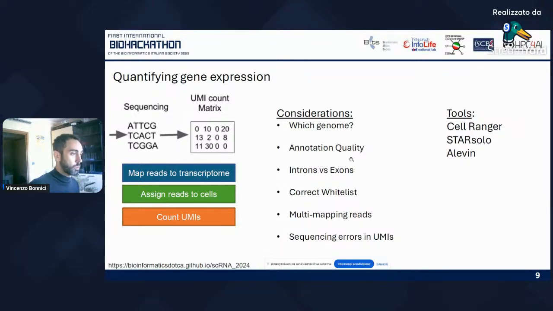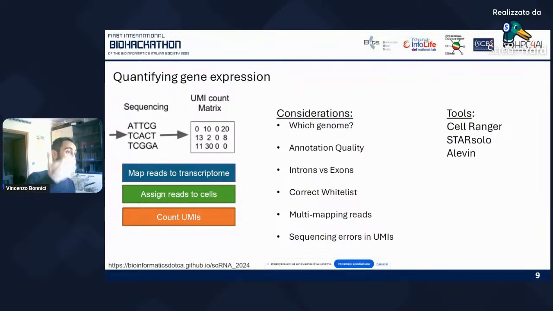So you should take into account also the quality of the annotation, but also the content of the annotation, because for your specific purpose you may want a correct whitelist of annotations to take into account for your experiments, because you may want to discard some particular genes or some particular isoforms, for example, or some particular elements of this annotation that you for sure know should not have been sequenced during the sequencing.